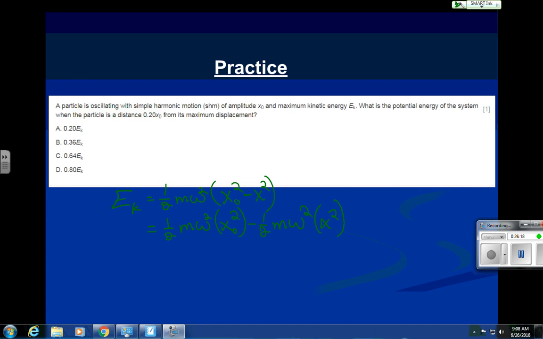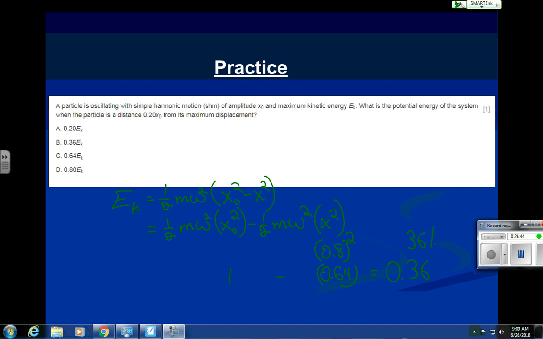So I'm going to call this 0.8, and then I'm going to square it to get 0.64. And then everything over here I'm going to call 1, because that would be its maximum displacement. Since I'm subtracting these, my kinetic energy is 0.36, or 36% at that location.